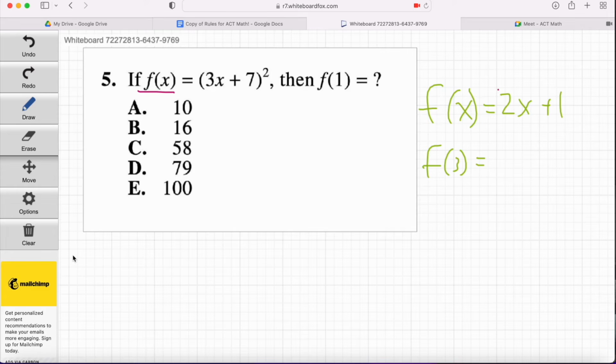Let's talk about it right now. You've got this x in parentheses right after the f. Whatever's in the parentheses is sort of your input in the function for x. So basically what that means is where there was an x, now there's a 3.